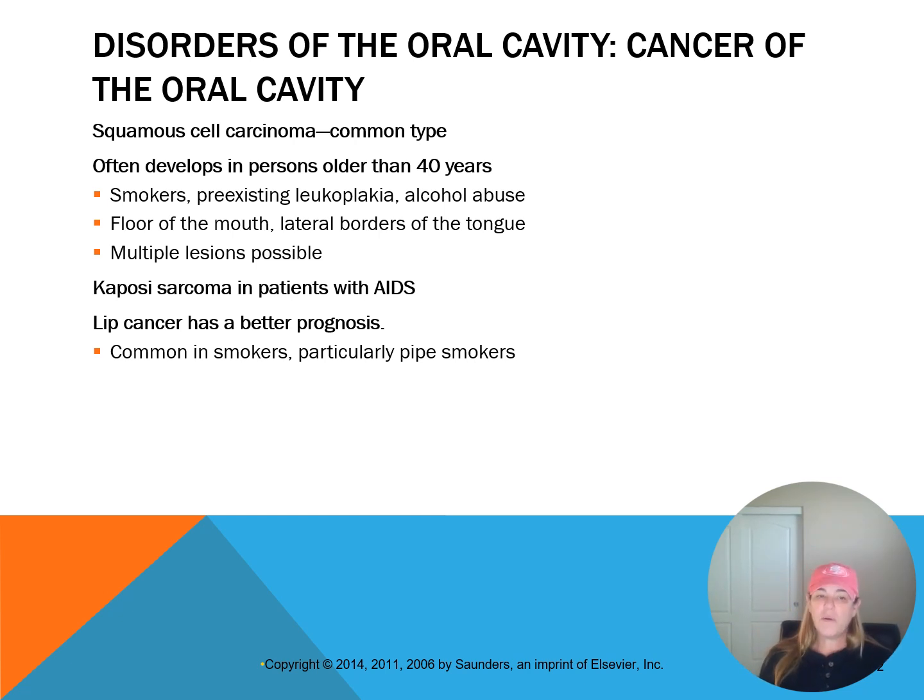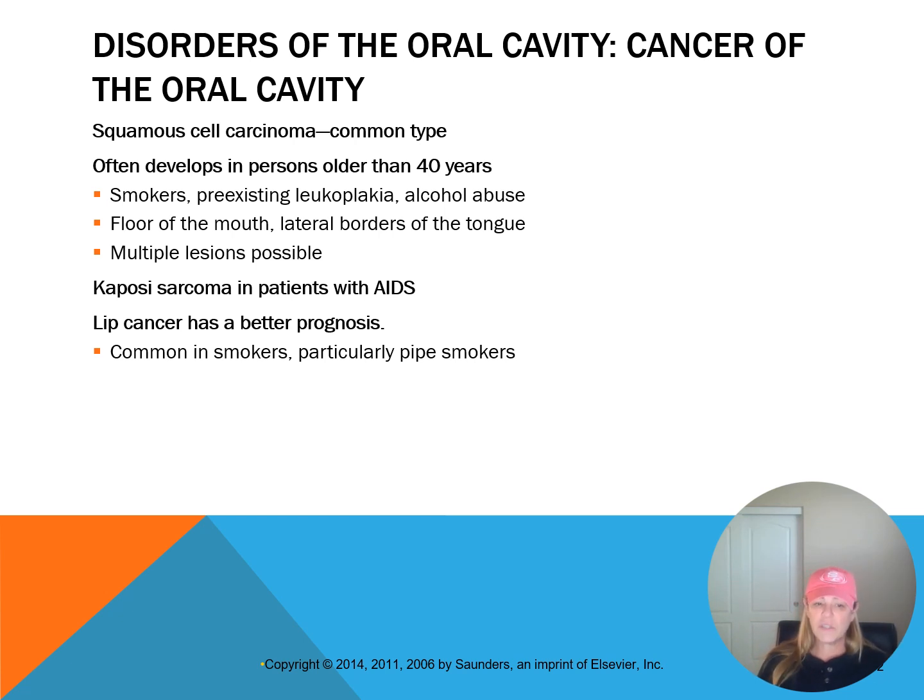So, cancers of the mouth. Squamous cell carcinoma is the most common cancer. People at risk are smokers and those with alcohol abuse. They have leukoplakia. It usually happens in the floor of the mouth or the borders of the tongue. You usually see multiple lesions. People suffering from AIDS will have Kaposi sarcoma as a common cancer of the mouth.